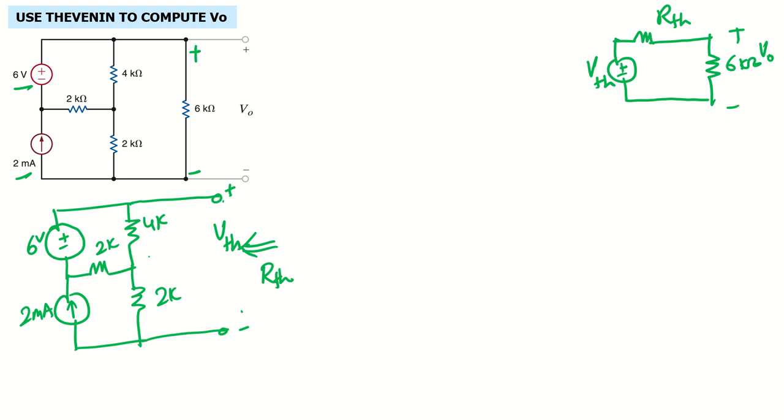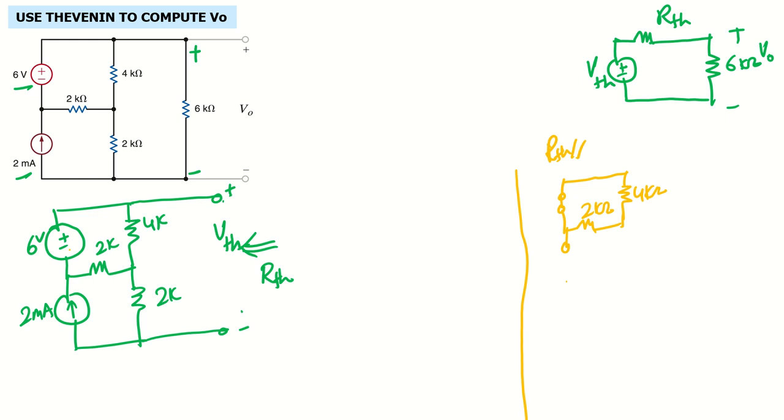To get the R Thevenin, we need to remove the sources. So let's redraw the circuit for the R Thevenin case. The voltage source becomes a short circuit. So I have this 4 kilo ohm, and then this 2 kilo ohm.